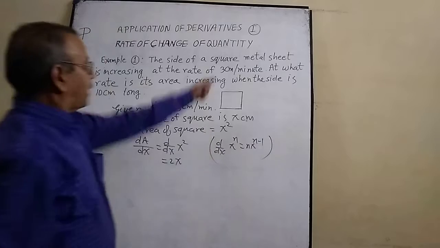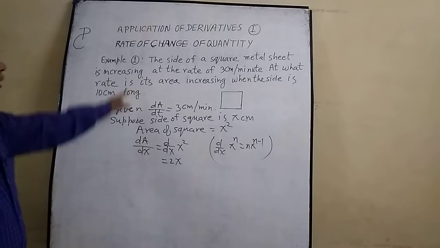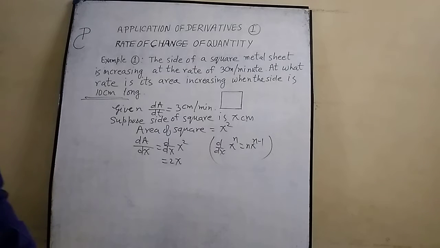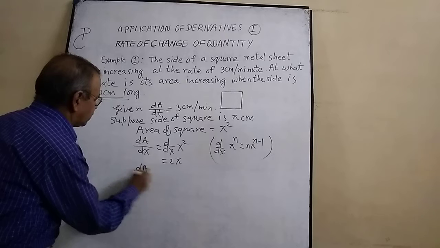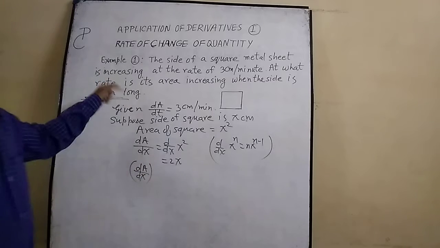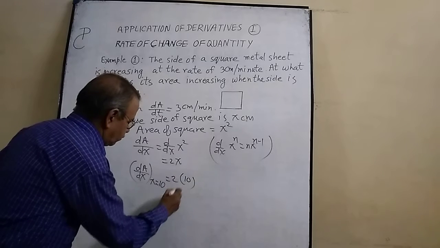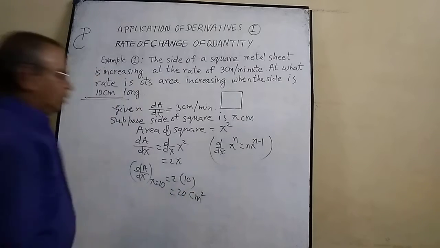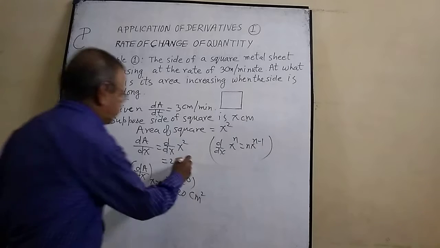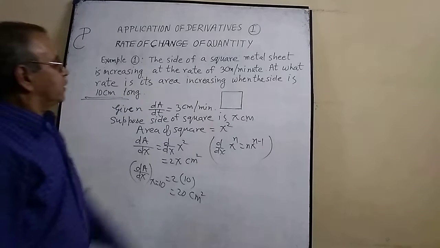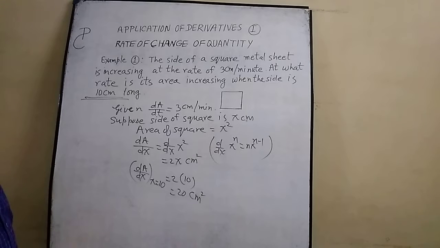It is given that the area is increasing when the side is 10 cm long, and therefore I will write dA by dx when x is equal to 10 cm, which is 20 centimeter. Now we have to find dA by dt.